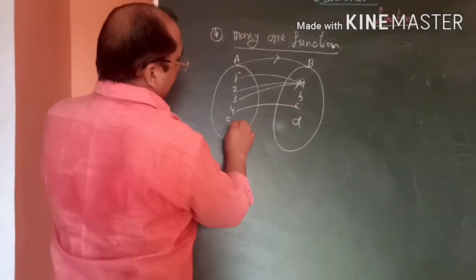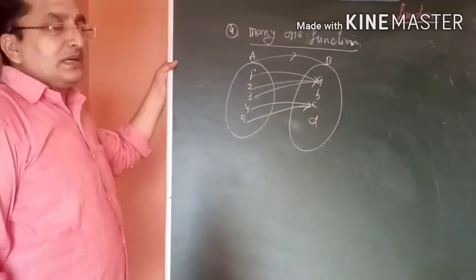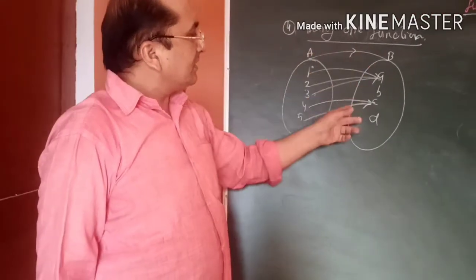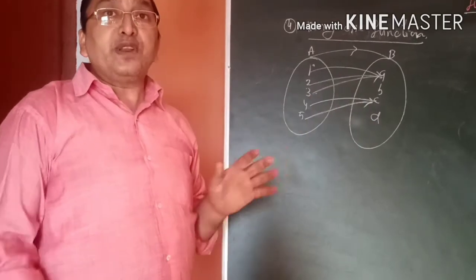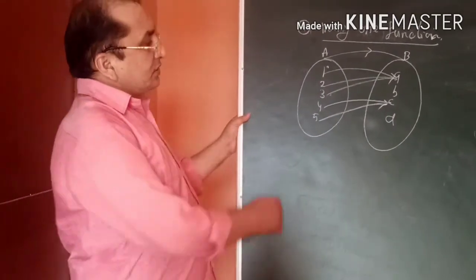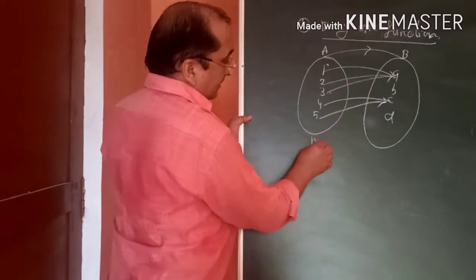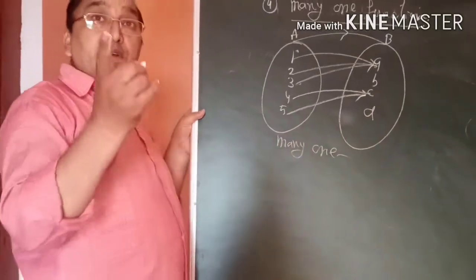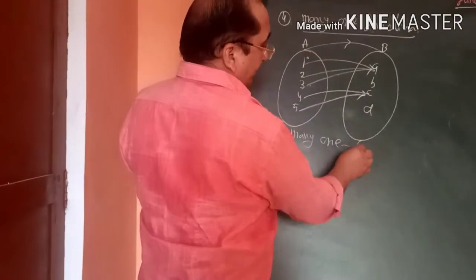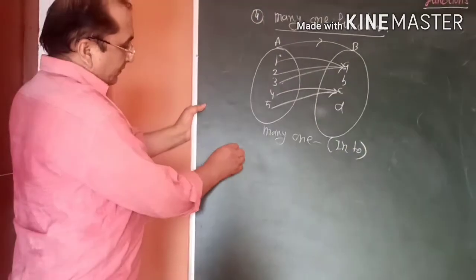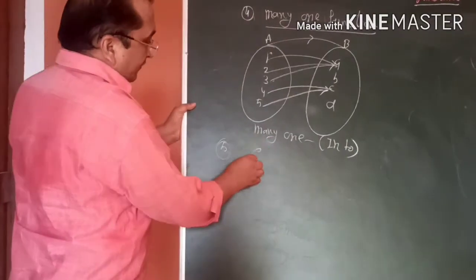Now see, these two elements are also attached to them. This is known as a many-one function, because many elements are attaching to this one and this one, and these two elements are free from the images of any element of A. So this is known as many-one, onto or into. Into will come because these two elements are free.